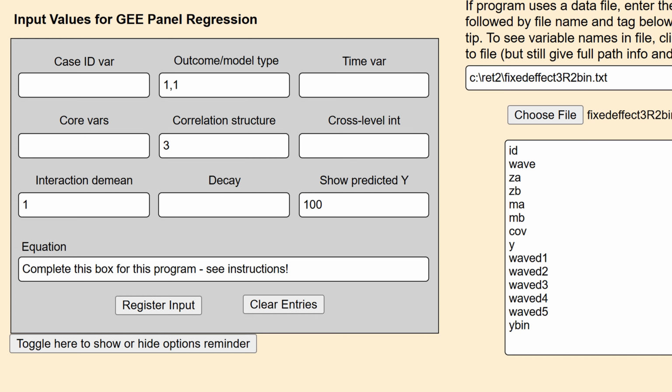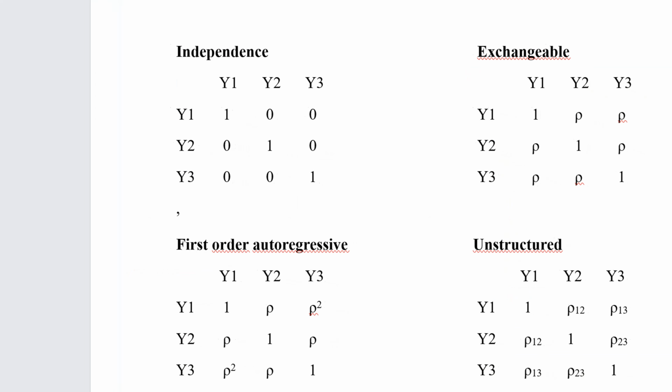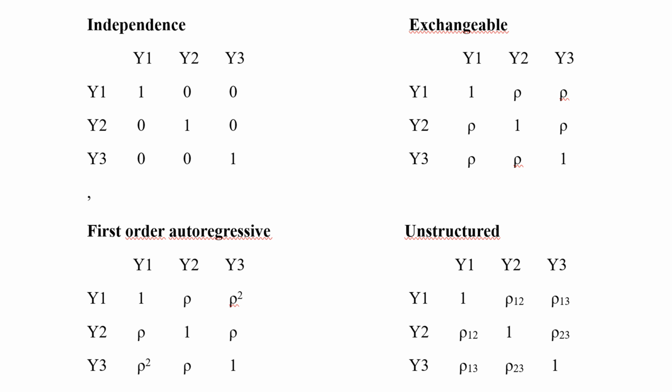One notable difference is that the user must specify a priori a working correlation structure between the outcomes at each time point. The program on my website offers 4 different correlation structures to choose from. Now consider the case of 3 time points.